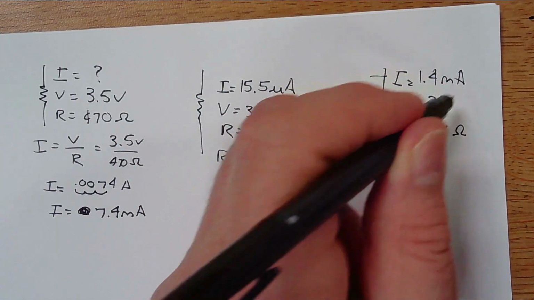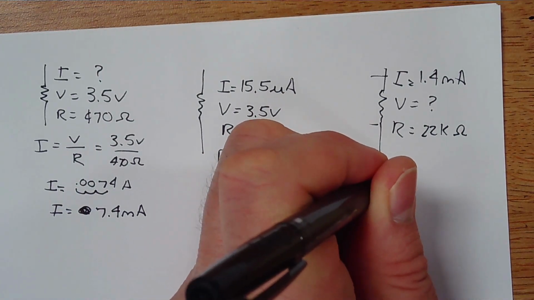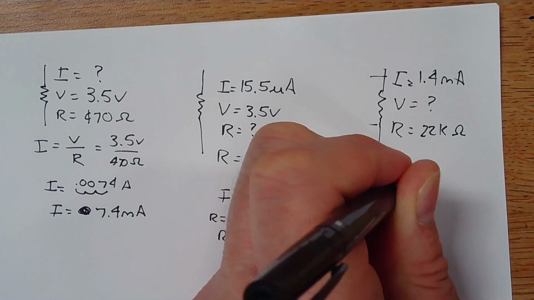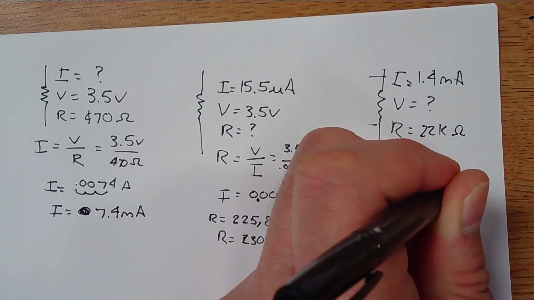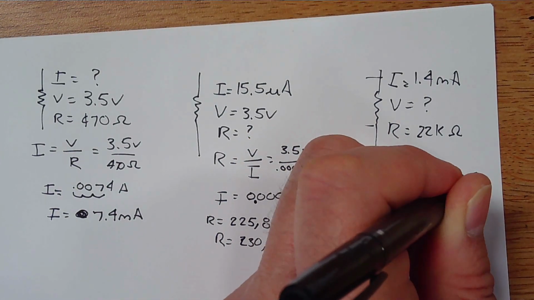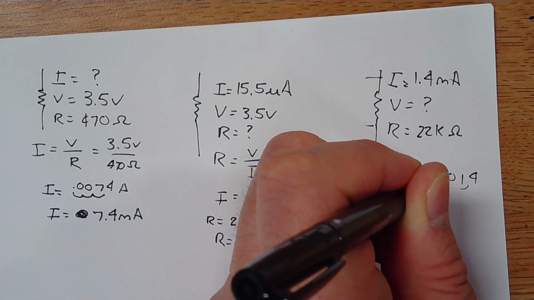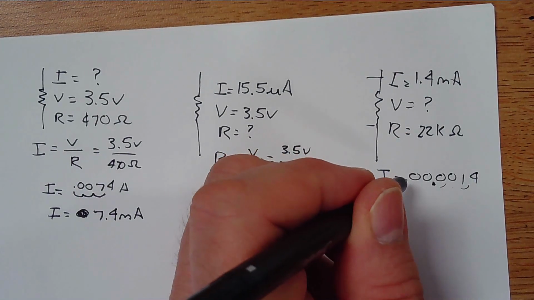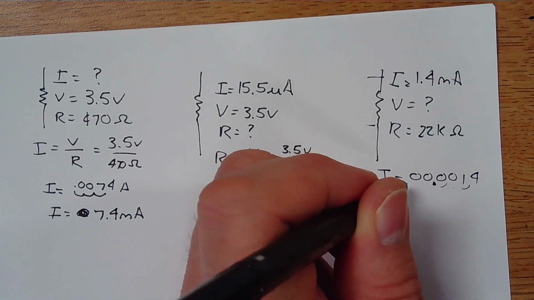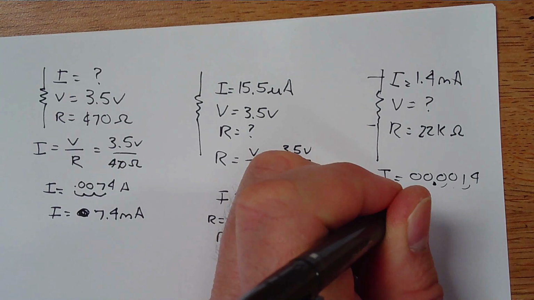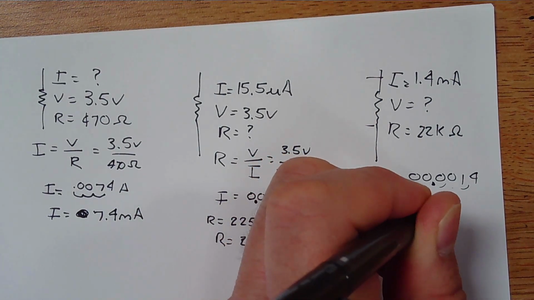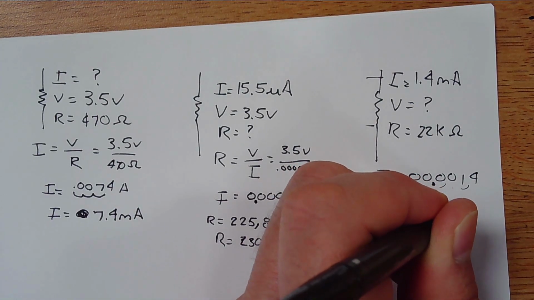Milliamps is move it 3, so I can again write my I is equal to just some zeros. All right, here it is, 1, 2, 3. So that's going to be 0.0014. And then kilo ohms is move it 3 the other way. And so this is going to be 22,000 ohms.